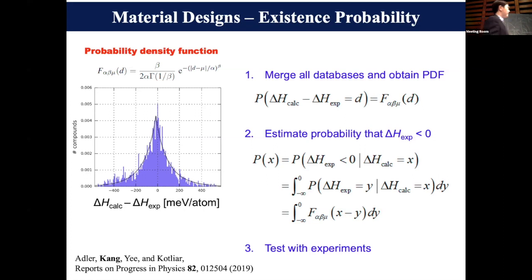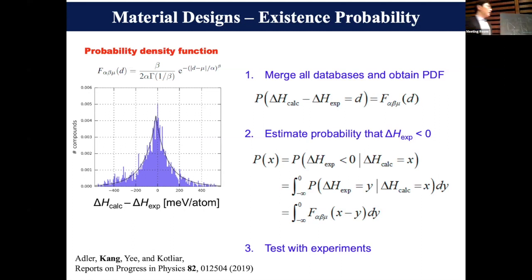We realized that the computational error follows a probability density function of this form. By using regression analysis, we obtain the parameters alpha, beta, mu in this formula, and then we obtain the analytical form of the probability density function.